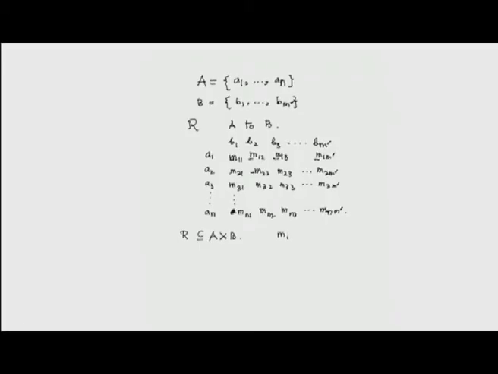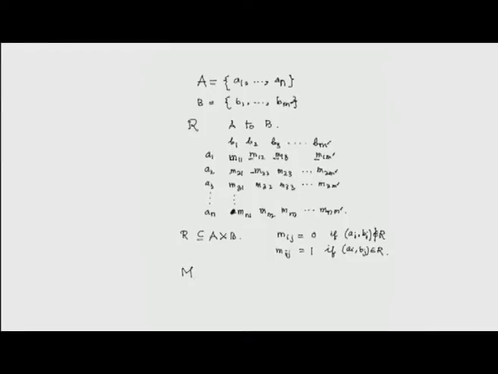So, Mij equals 0 if Ai Bj is not in R, and Mij equals 1 if Ai Bj belongs to R. If by using this rule we fill in the matrix Mij, we will find that it becomes a binary matrix.